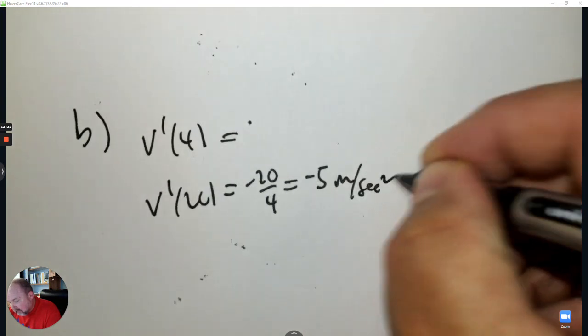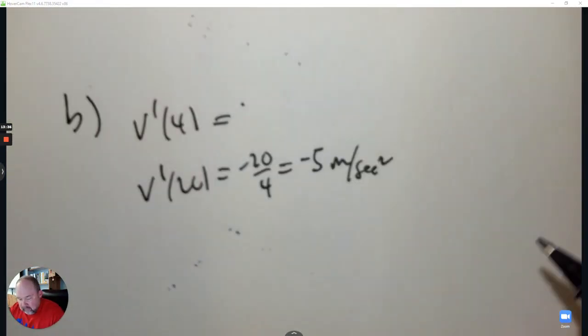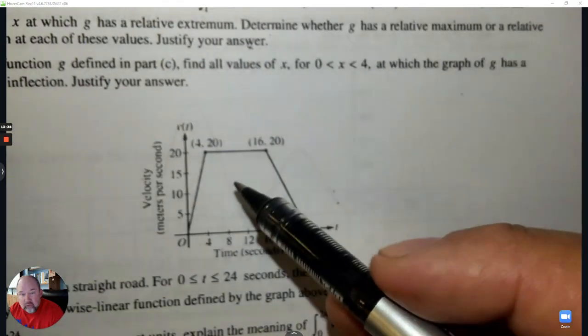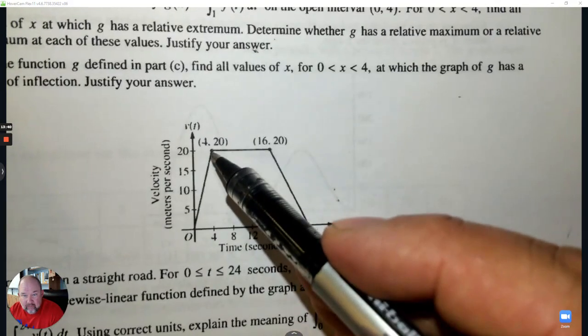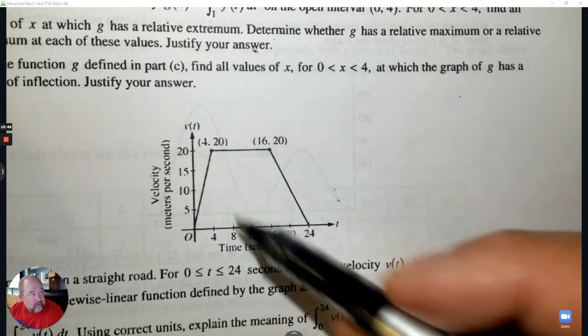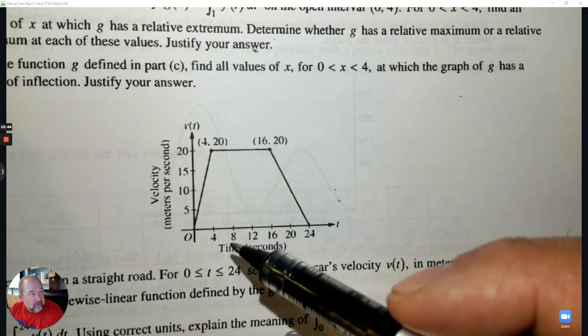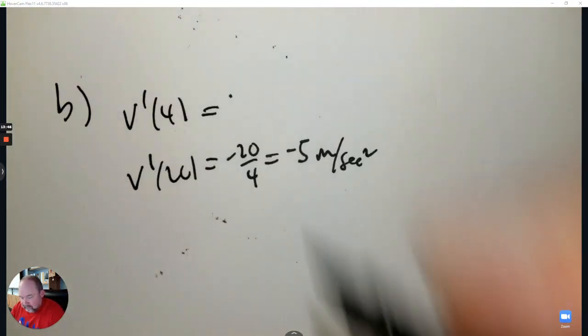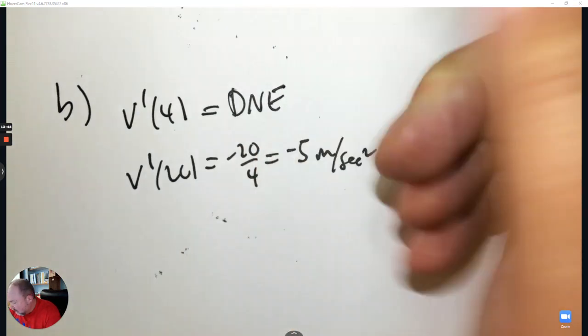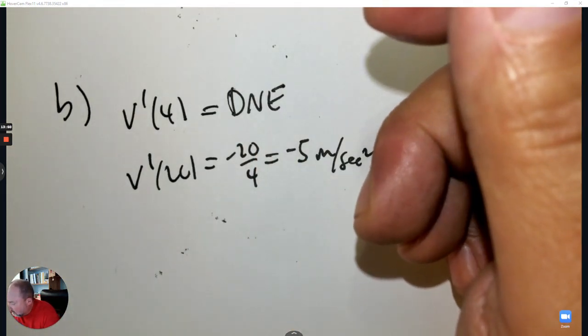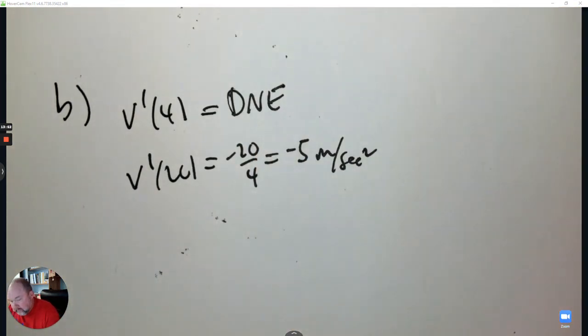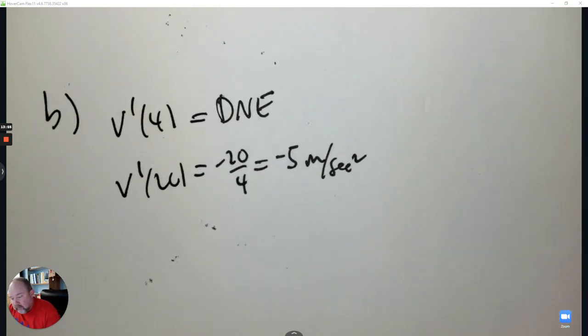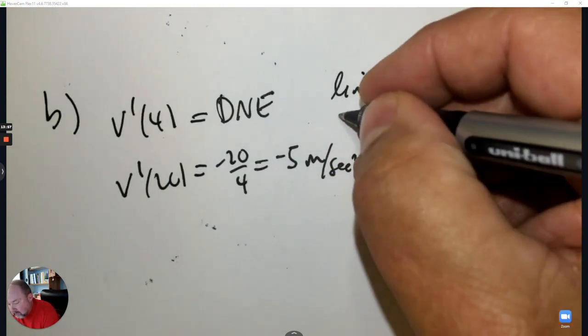That's meters per second squared. That's acceleration. And then for 4, here at 4, the derivative doesn't exist because the left and right don't agree. And so why doesn't it agree?